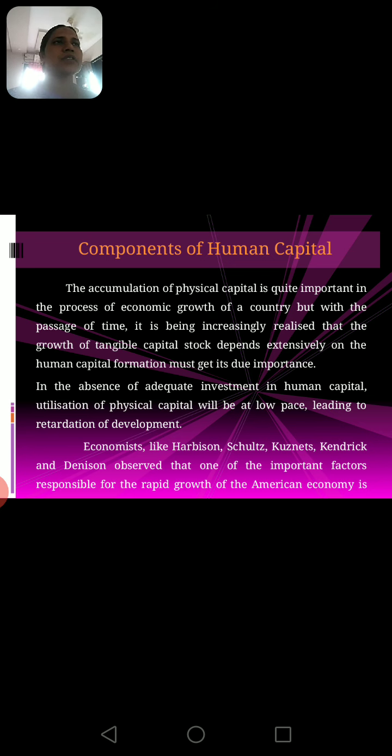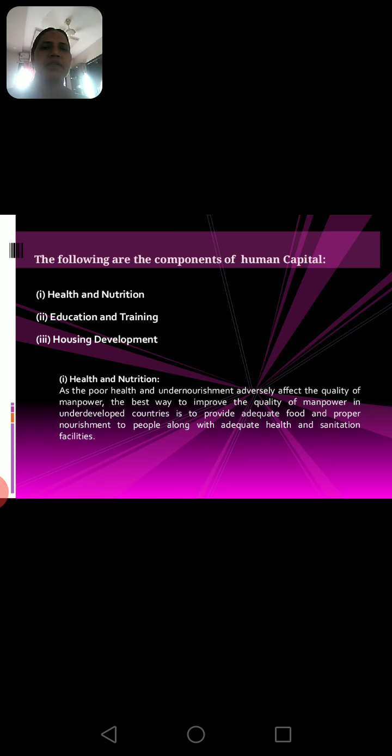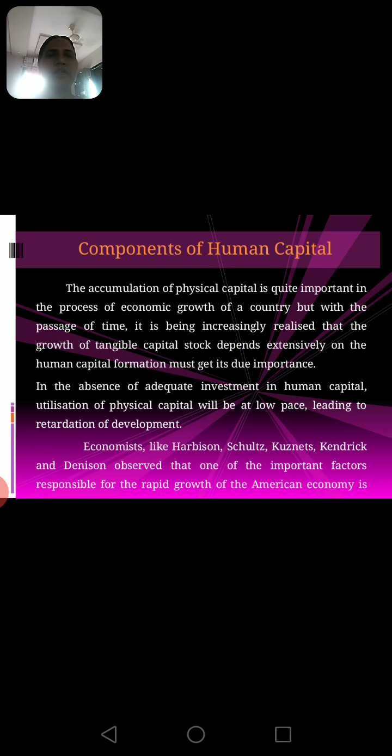Economists like Galbraith, Kuznets, and others observed that one of the important factors responsible for the rapid growth of the American economy as well as the Indian economy is their increasing allocation of outlays on education, resulting in significant improvement in the level of human capital formation.